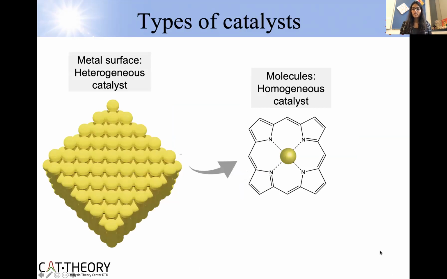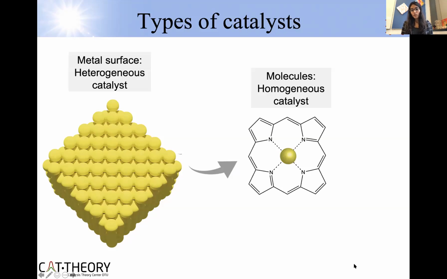Now, there are two different types of artificial catalysts that are known and used. One is heterogeneous catalysis, where we have a solid array of highly structured metal atoms, and it can also be oxides, but it's the atoms on the surface that are usually active and do the reaction.